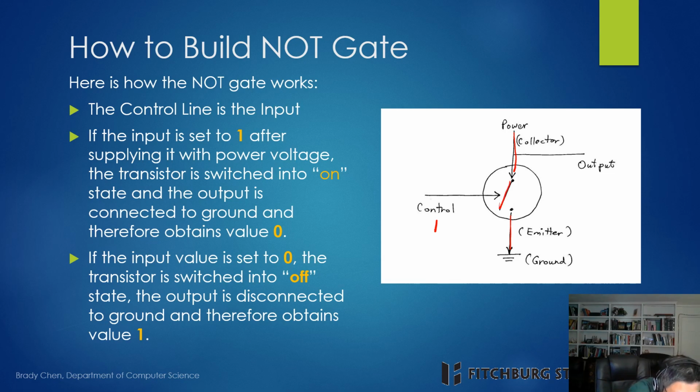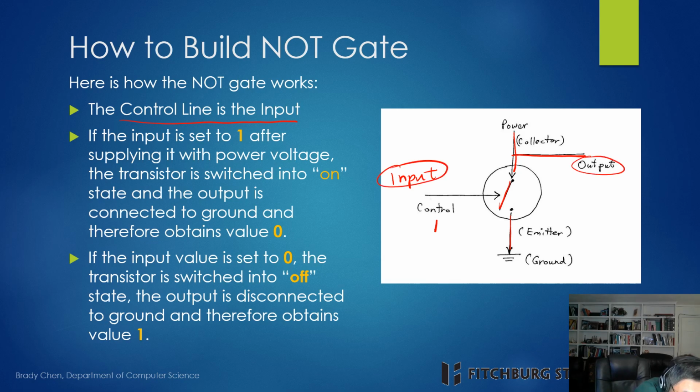Now to build the NOT gate, we're going to view the control line as the input of the NOT gate. So the control line now becomes the input. Now the collector line, the source of the line that applies the power, we actually use as the output.